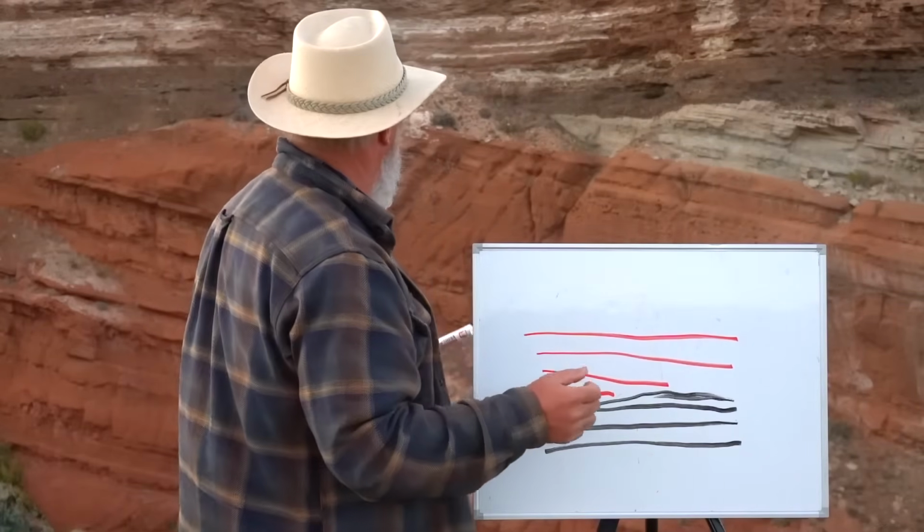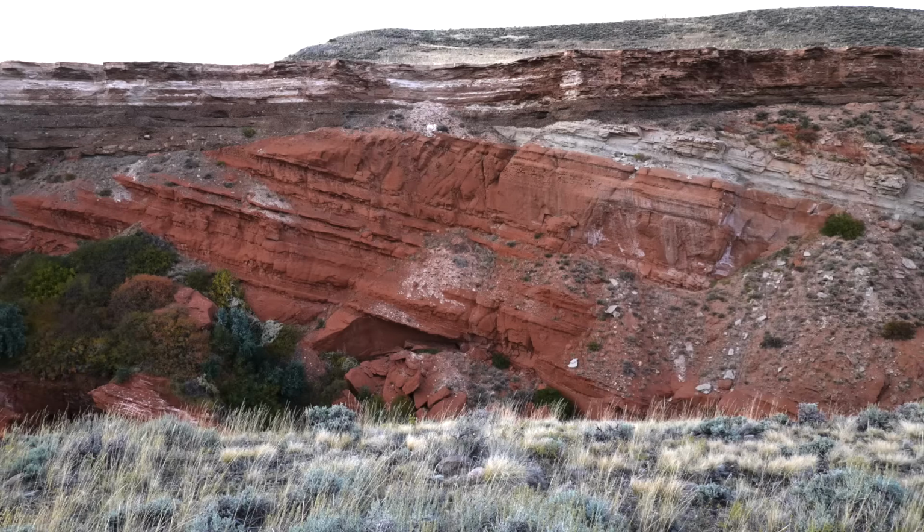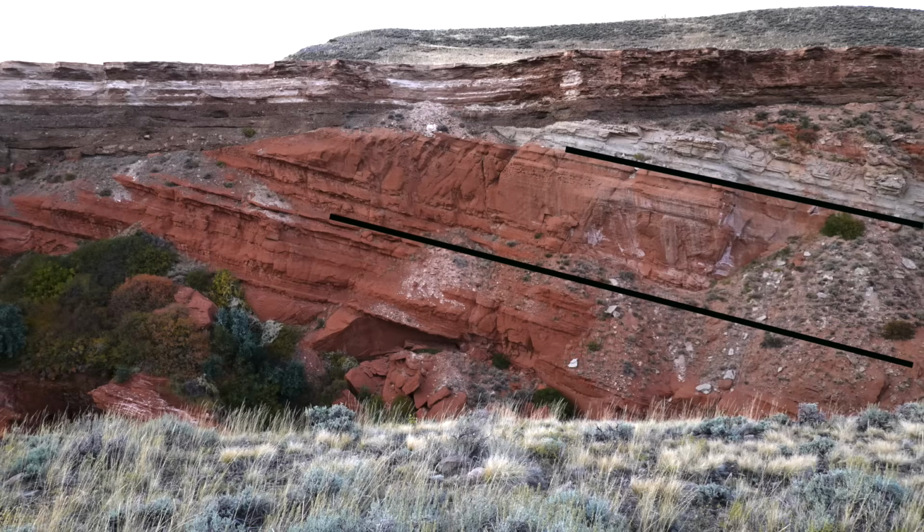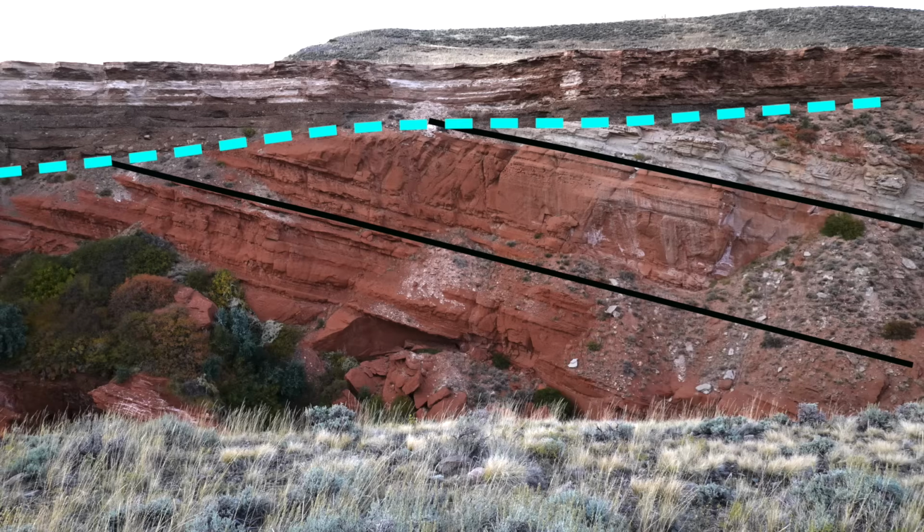And that's the beauty of the outcrop behind me. It shows very clearly the elements of an unconformity. The red rocks of the Chugwater Formation were deposited some 250 million years ago. Then they were uplifted and tilted about 65 million years ago, and erosion occurred, forming the unconformity surface.